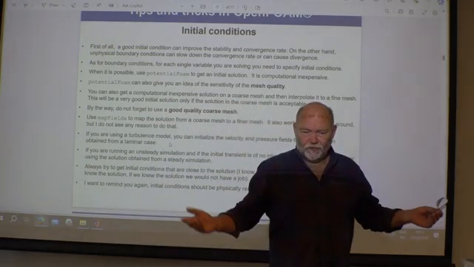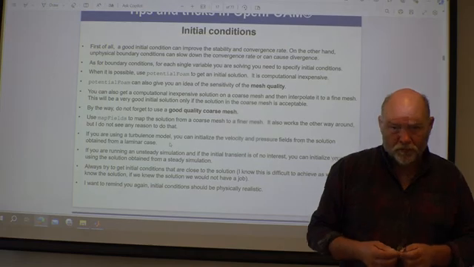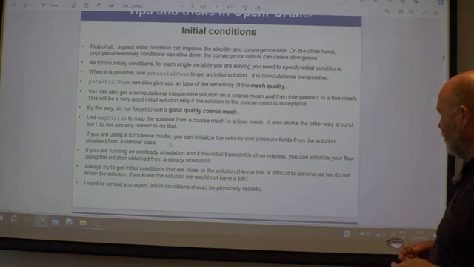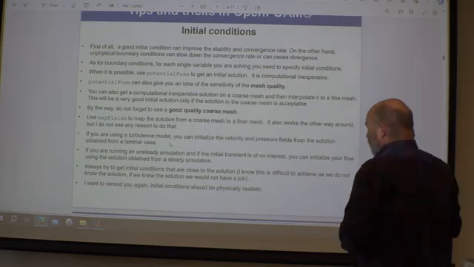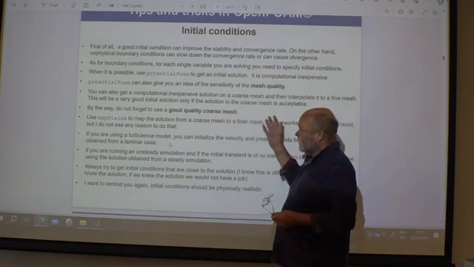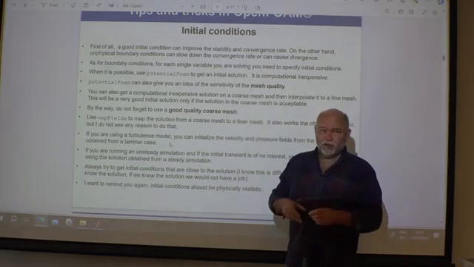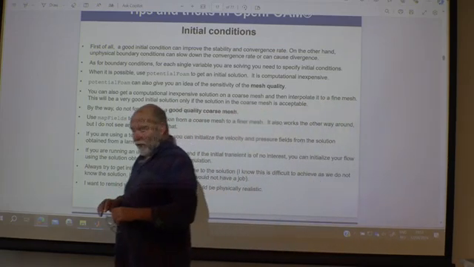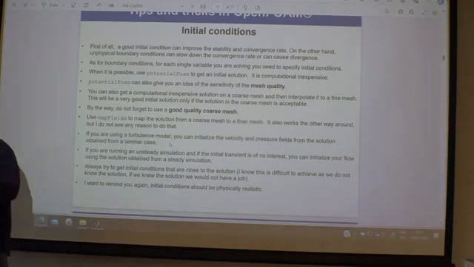Maybe you're using a steady state solver like you're doing now with simpleFoam. It doesn't use the time history at all. But if you are interested in time development, then the initial conditions might be crucial. Then the solution has to be correct at time equals 0, so that you have the correct evolution in time.